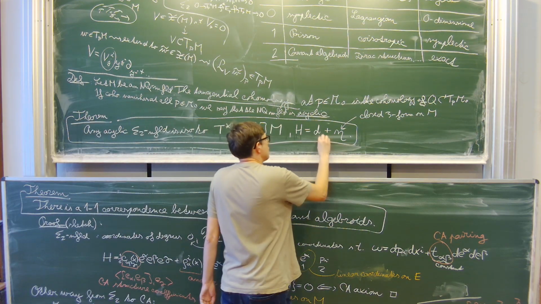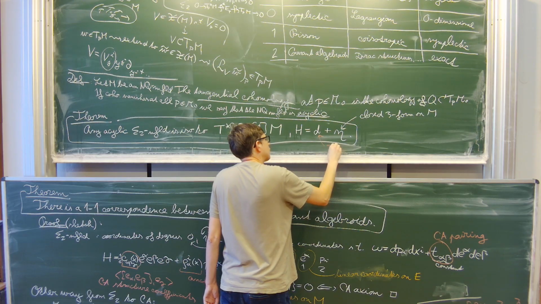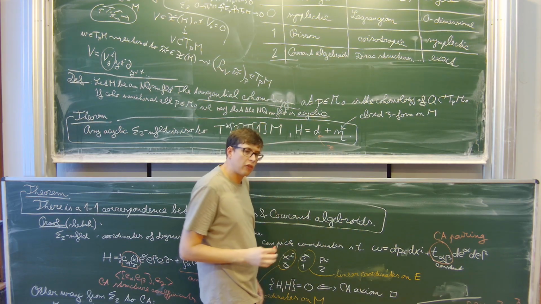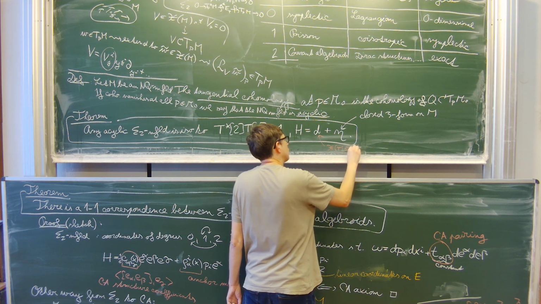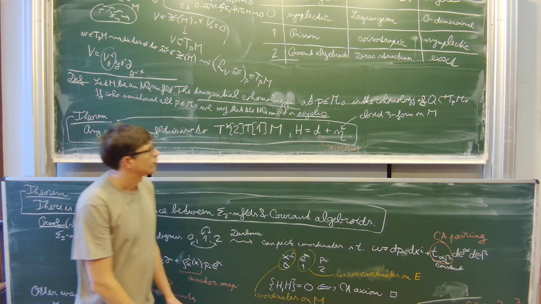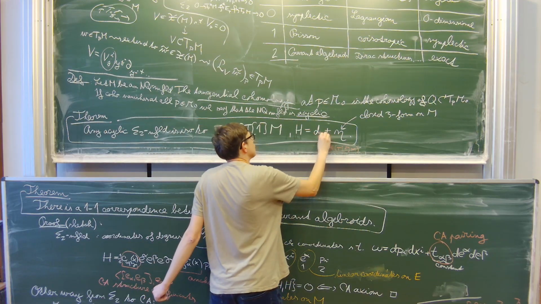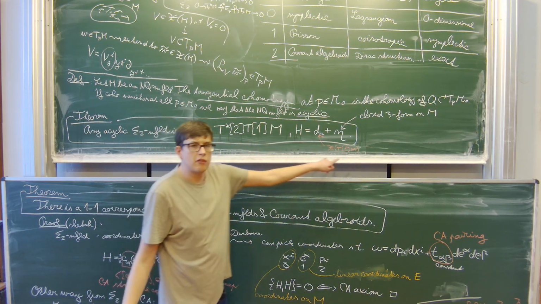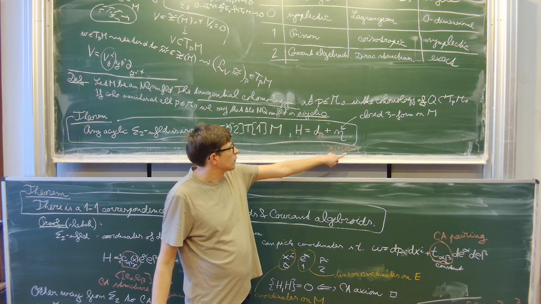So remember, the de Rham differential is a particular type of vector field on the cotangent bundle of M. Actually, it's the de Rham differential on M, which is a vector field on T1M.